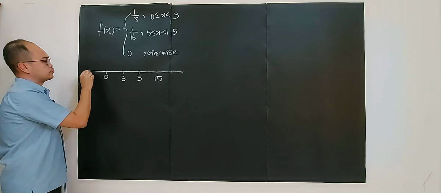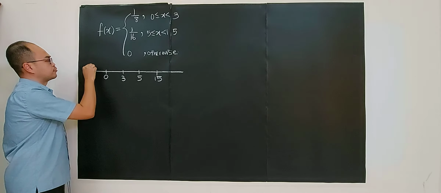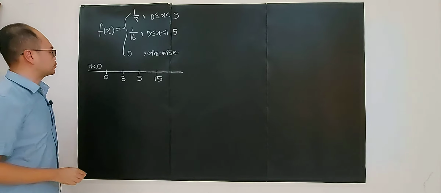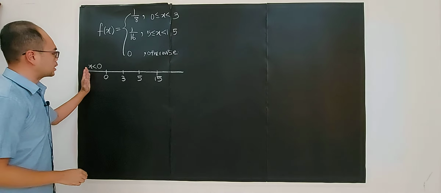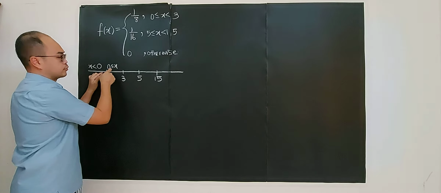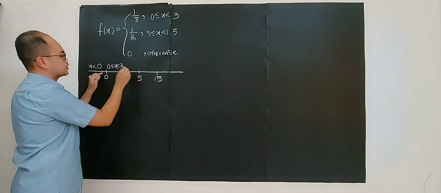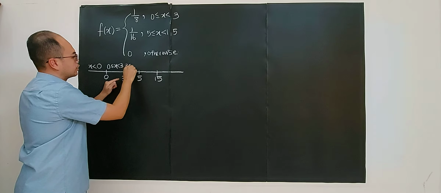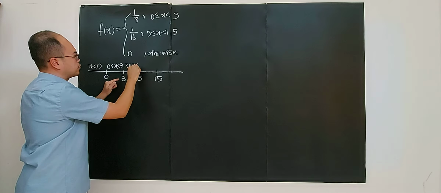The first one will be before 0. Then 0, reaching 0 but before 3. Then 3, including 3 but before 5.